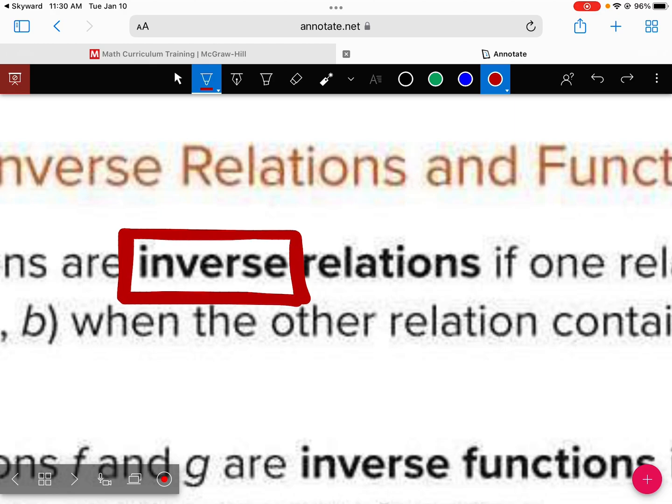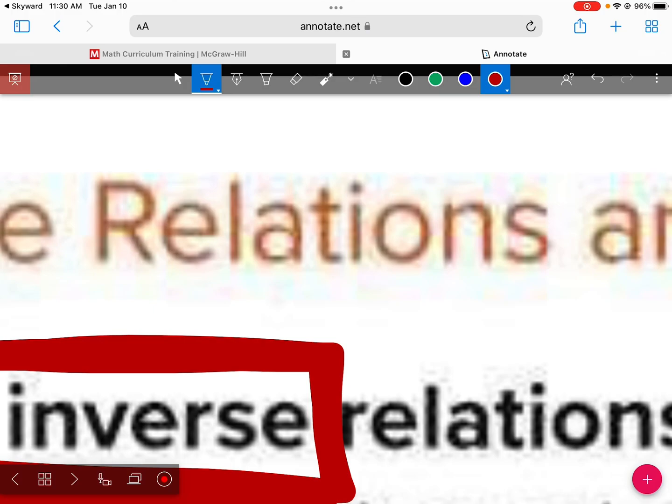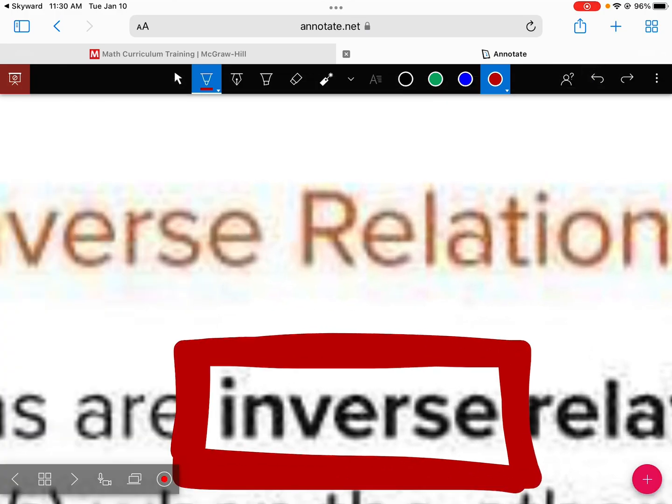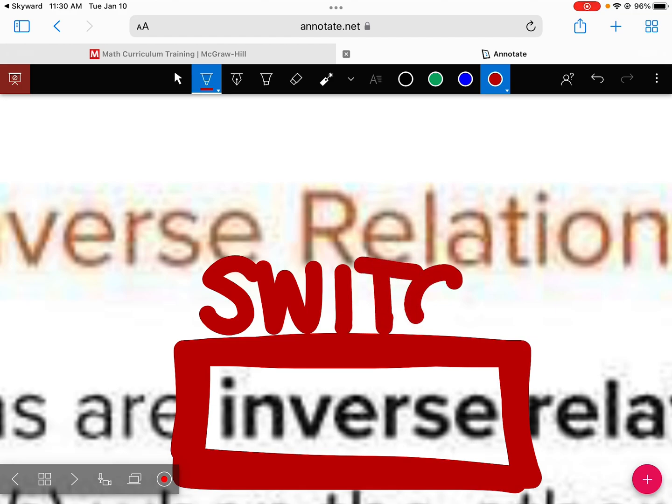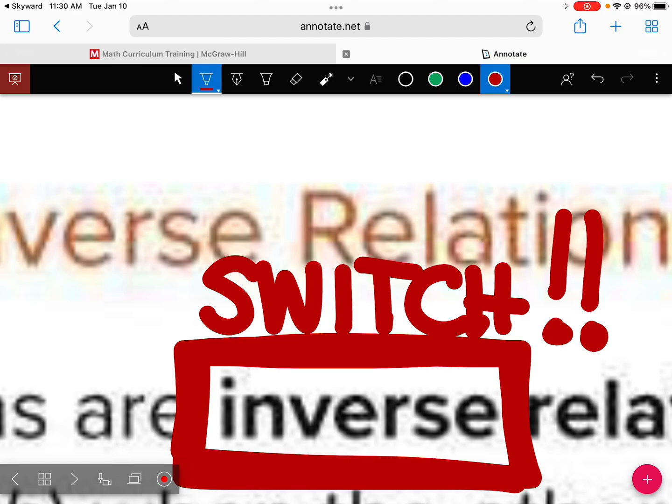Big takeaway from today. When you see, hear, or read the word inverse, the word switch needs to pop into your head. Inverse, when you see, hear, or read that, I want the word switch to pop into your head.